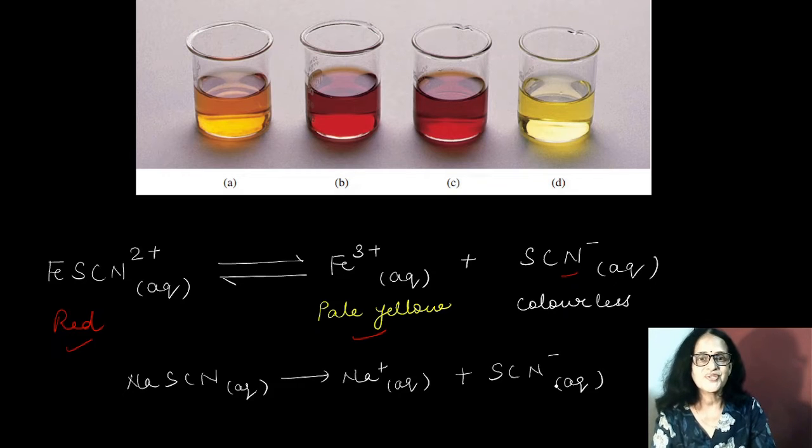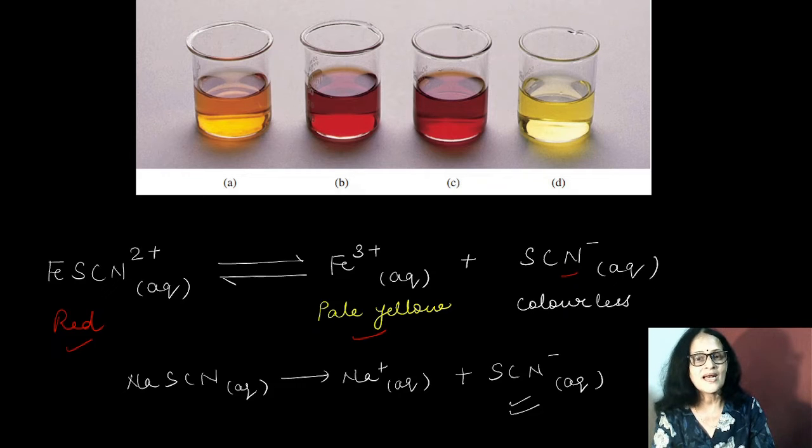So it's clear that addition of sodium thiocyanate in beaker A will increase the concentration of thiocyanate ions. What will happen can be predicted with the help of Le Chatelier's principle. According to Le Chatelier's principle, the equilibrium will move in that direction where the effect of added thiocyanate ions is opposed.